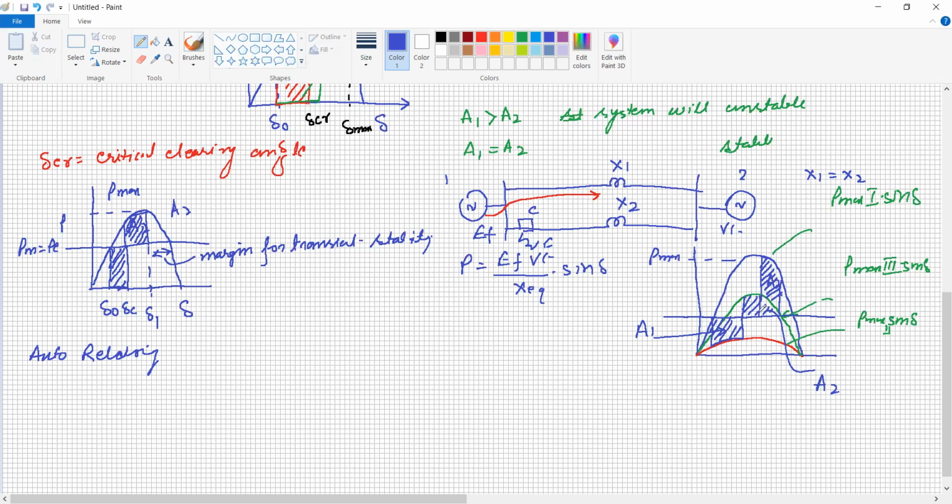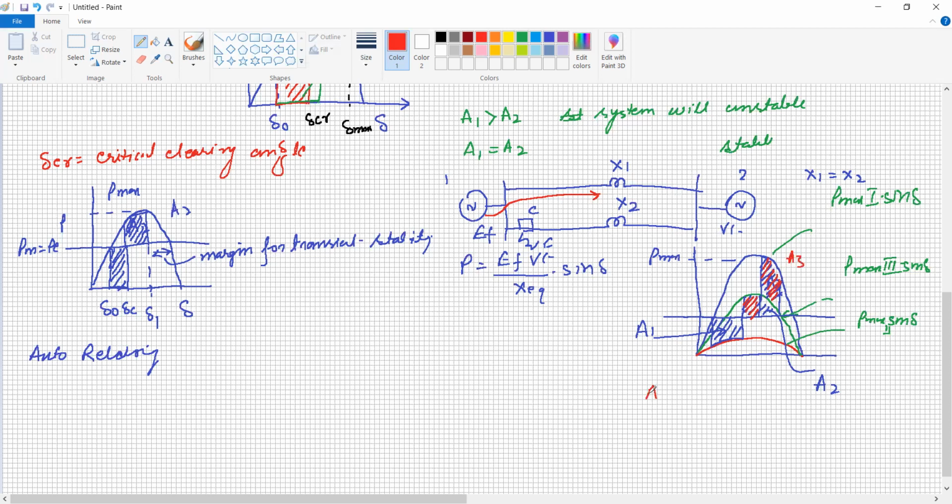So this one is the area, this one part. And again, this additional area we are going to find out. And definitely this is area A2 and A3.